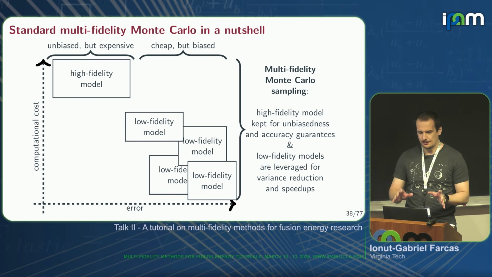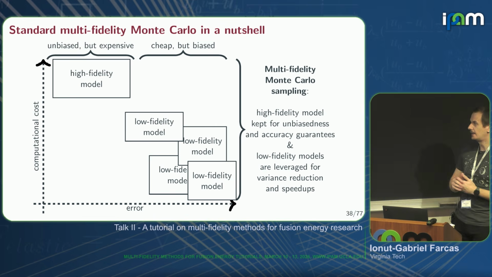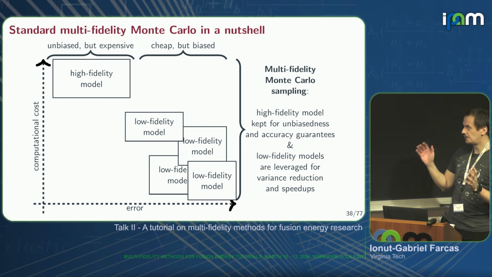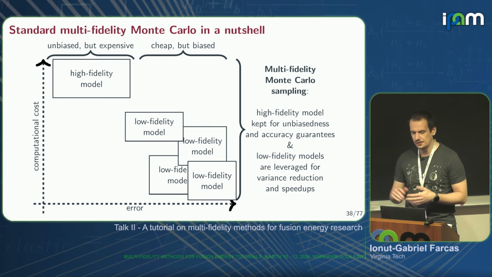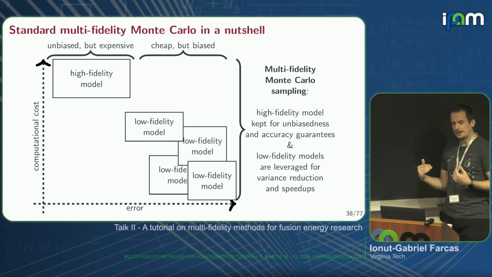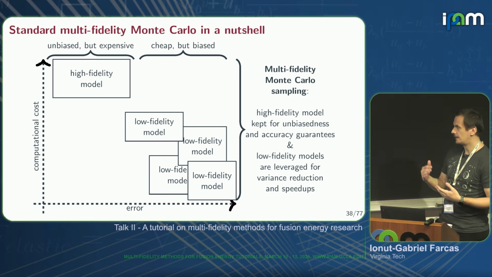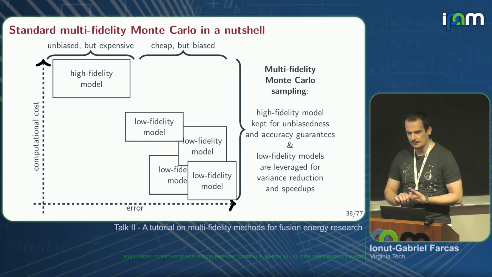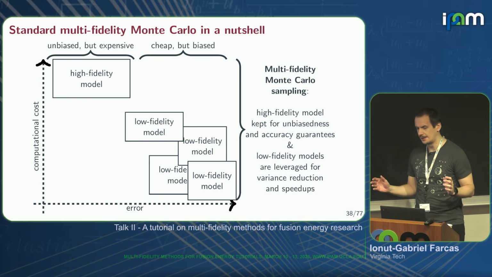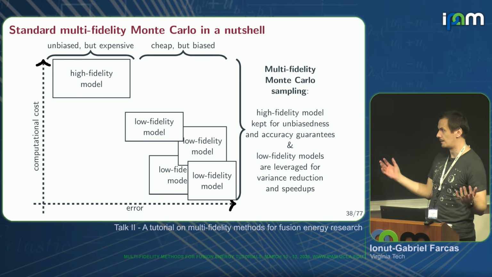To summarize this in one picture, it is shown here. We have a high fidelity model that we assume we trust to give us the right prediction for the quantity of interest. We have low fidelity models that are less accurate, but ideally much cheaper to evaluate. In the multi-fidelity method, instead of leveraging one or the other, as is typically done in standard methods, we want to use all of them.